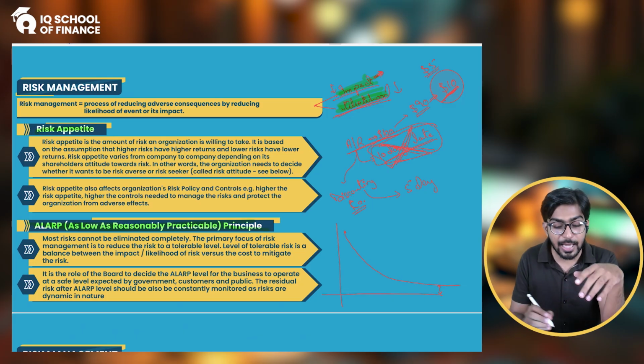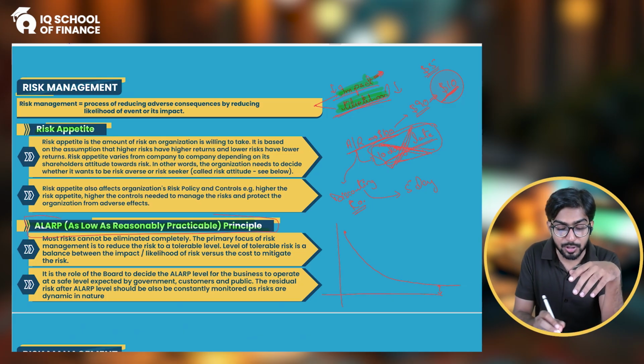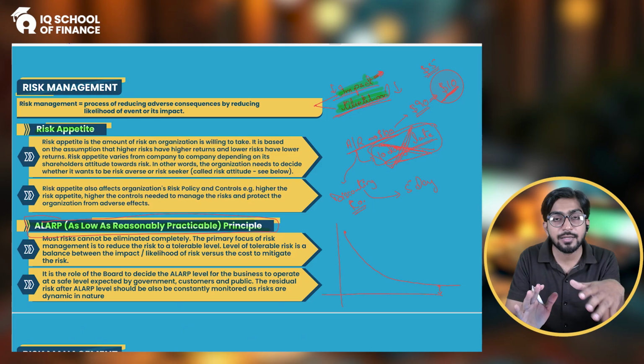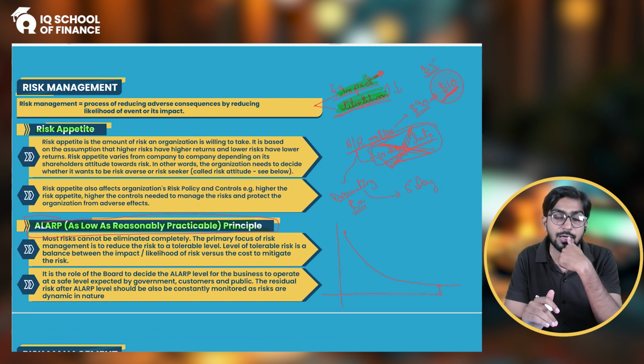So that is why the ALARP principle says, okay, we understand that you cannot eliminate the complete risk, but try to reduce the risk to a low level as much as is reasonably practicable.